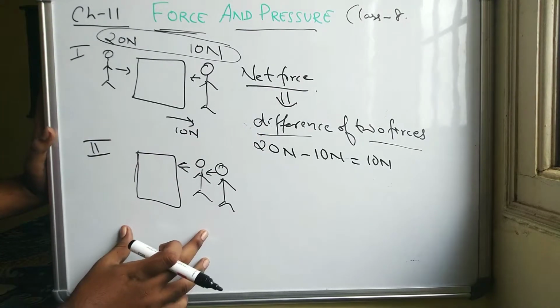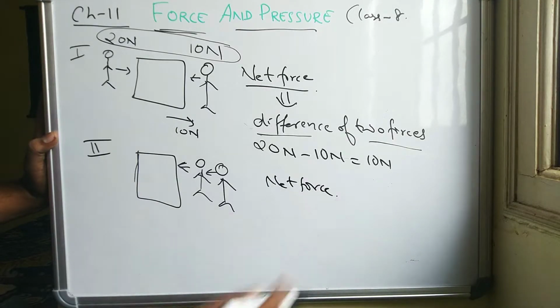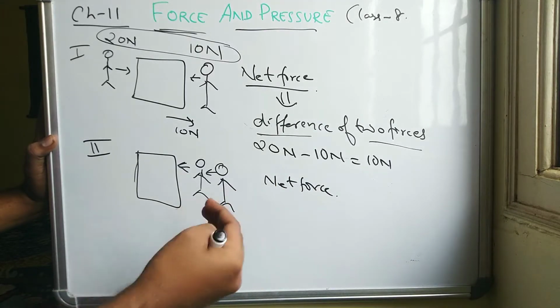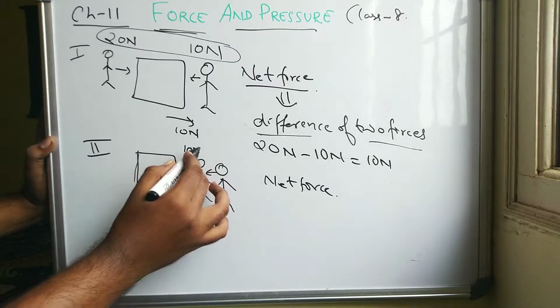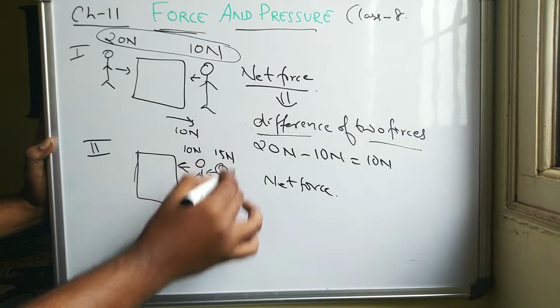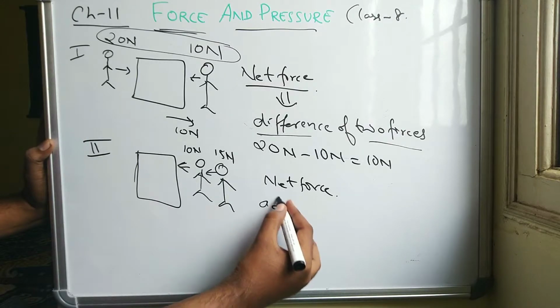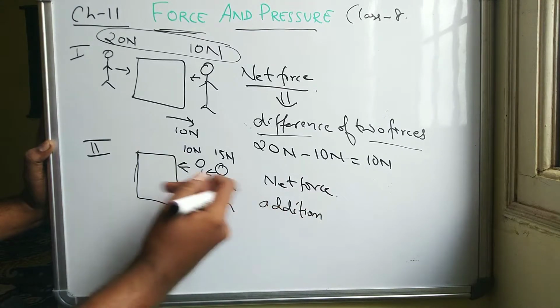Now observe here. Here both are applying on the same side, in the same direction. Suppose he is applying 10 Newton and he is applying 15 Newton. The net force will be the addition of the two forces because the force is applied in the same direction.